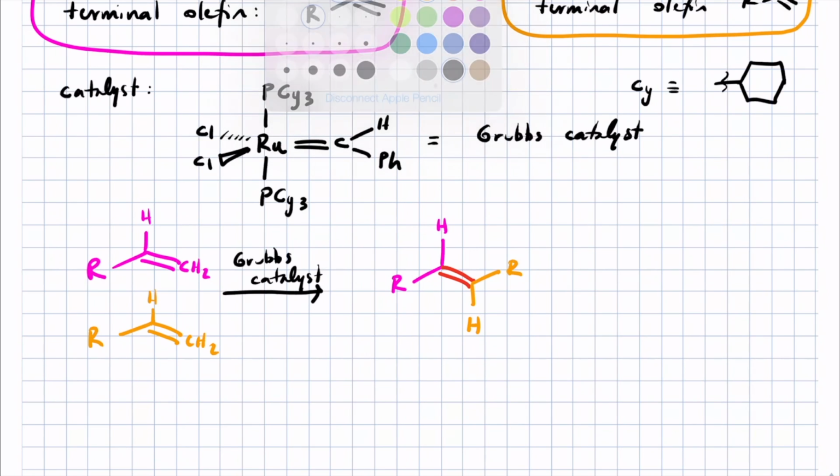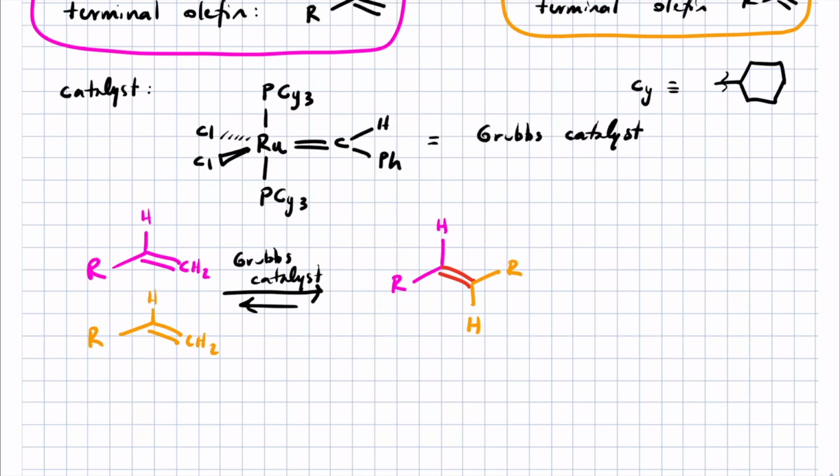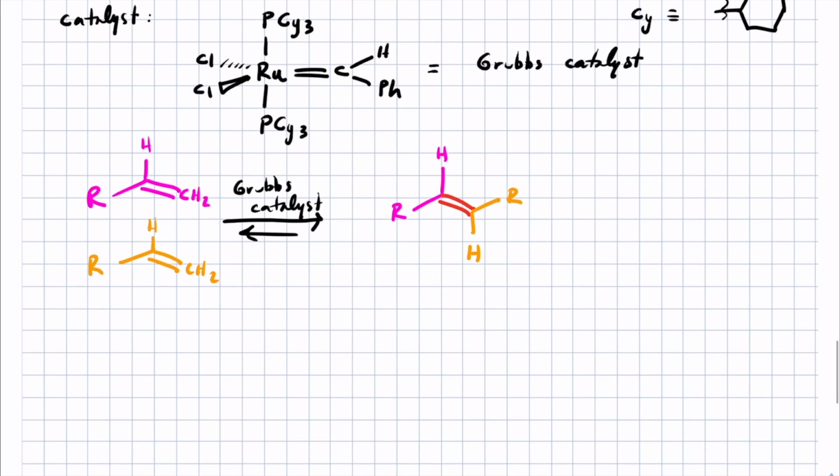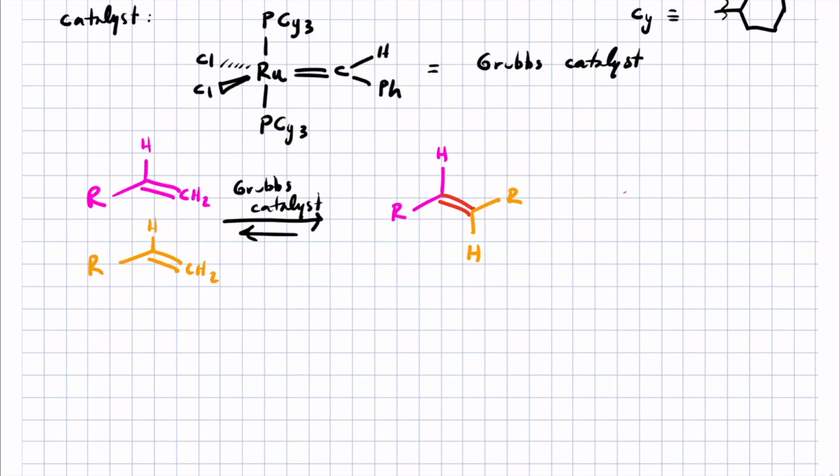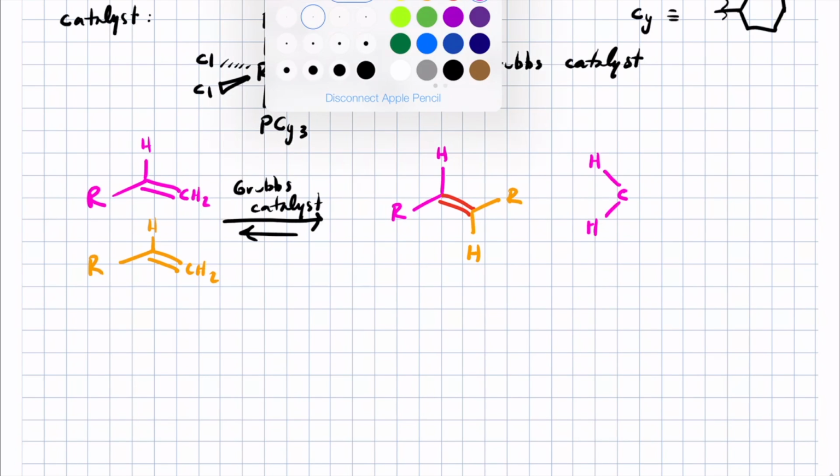And this is an equilibrium process, so it would tend to favor the more stable, more substituted alkene product. There would probably be some amount of cis, but the trans would be the major product. And what happens to those CH2 groups that were clipped off? Well, they get stitched together as well.